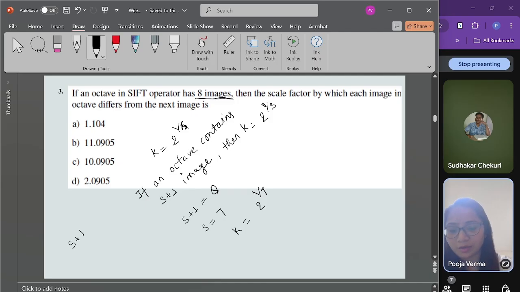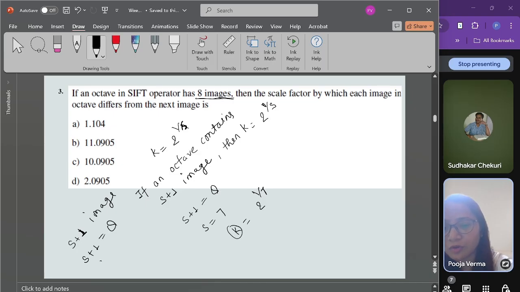In the theoretical part, within an octave the adjacent scales differ by a constant factor k, and it contains s plus 1 total images. So here, if an octave in the SIFT operator has 8 images, that means s plus 1 is equal to 8.